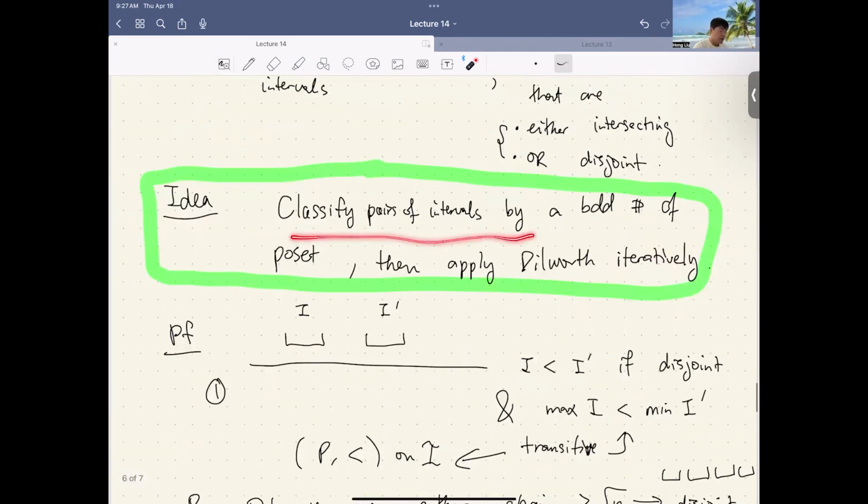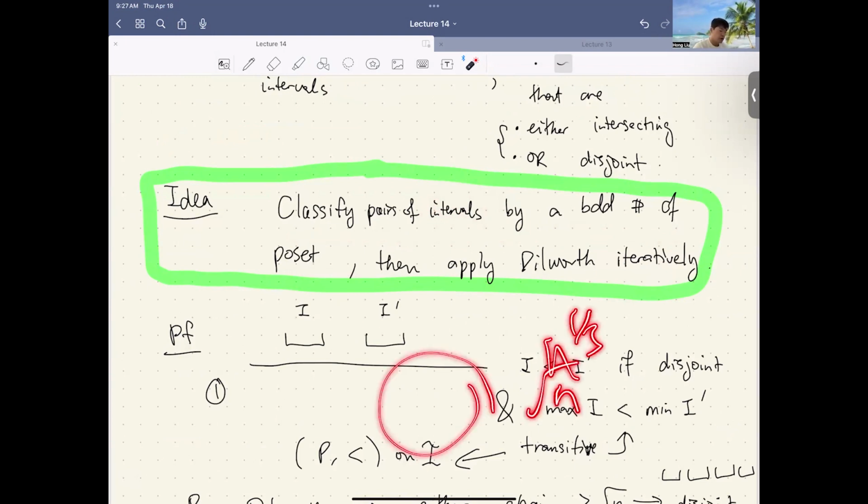We classify pairs of convex sets by a bounded number of posets. In particular, we will use 4 of them. We use 1, we get square root n. You use 4 of them, you get n to the 1 over 5. You can kind of imagine, right? Repeatedly applying it, then we get the results.